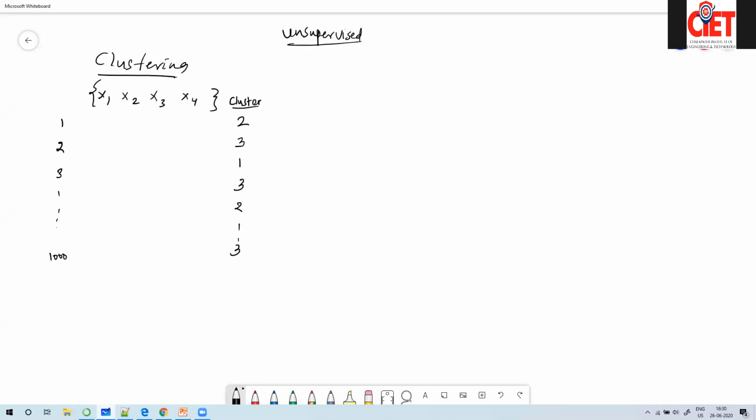Each observation would be assigned to a particular cluster. So these 1000 observations would be assigned to one of these clusters. And here we are going with the number of clusters, k, equal to 3.